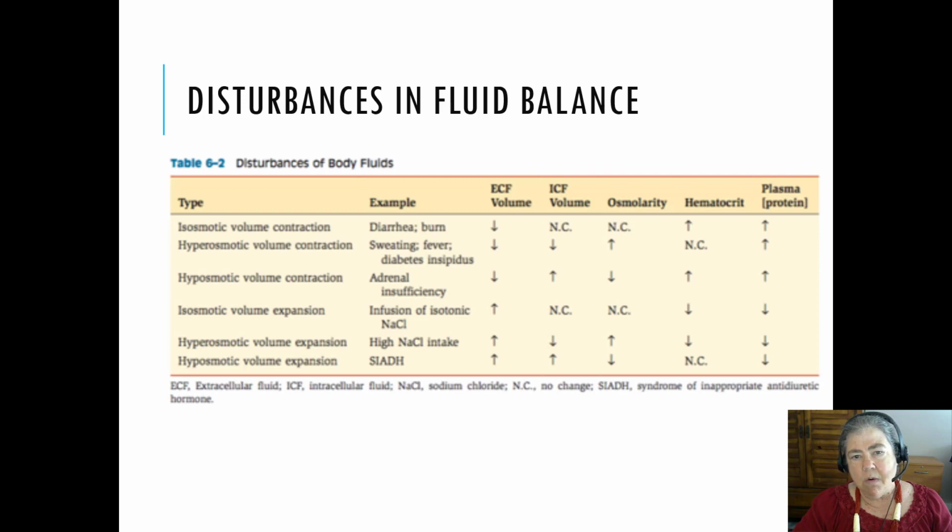So we have volume go up, osmolarity go down, and we're going to see the movement of fluid out of the extracellular into the intracellular, because the osmolarity in the intracellular is higher than in the extracellular.